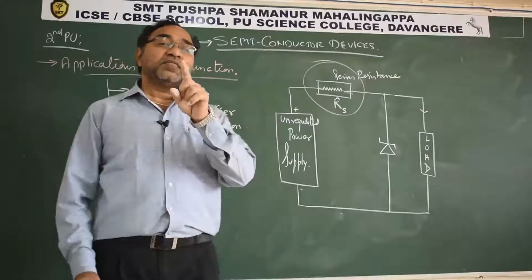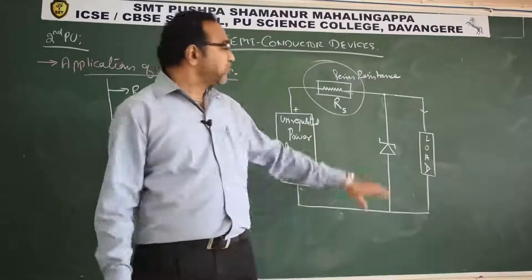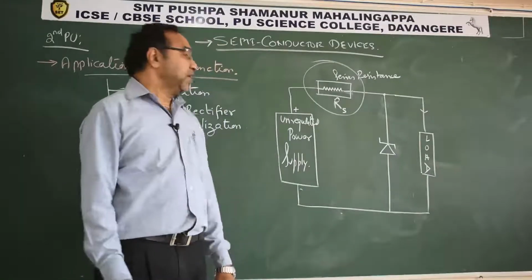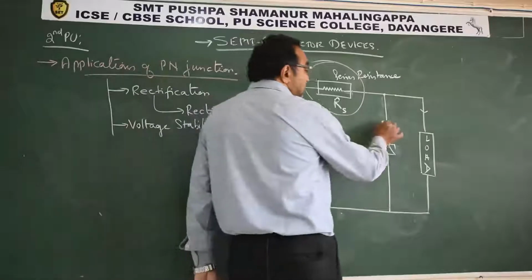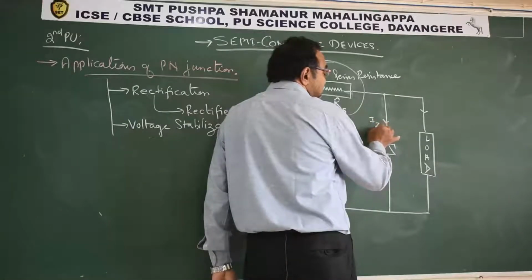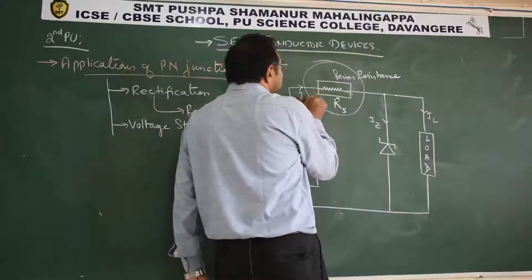Students, in the entrance exam, there will be numerical questions based on this concept. Be very careful about it. They will ask, what is the Zener current? This will be the load current, and this will be the series current.